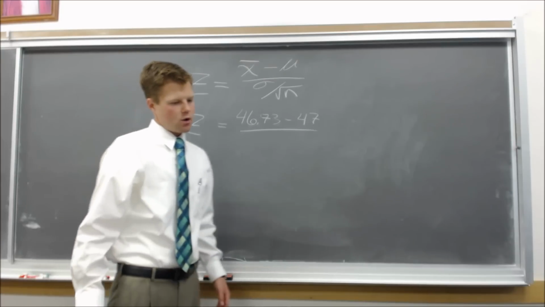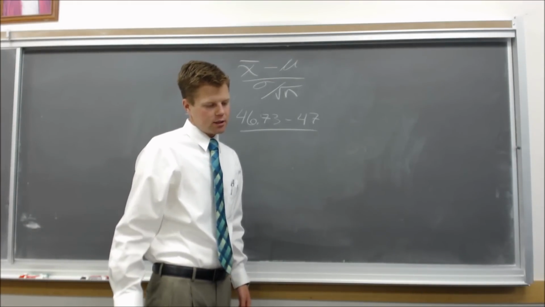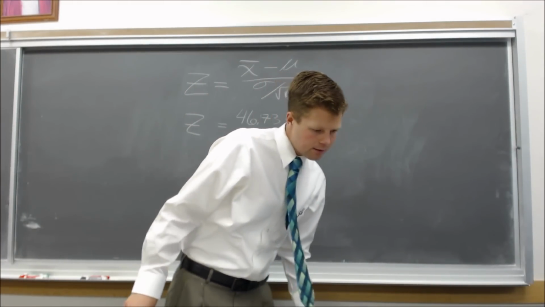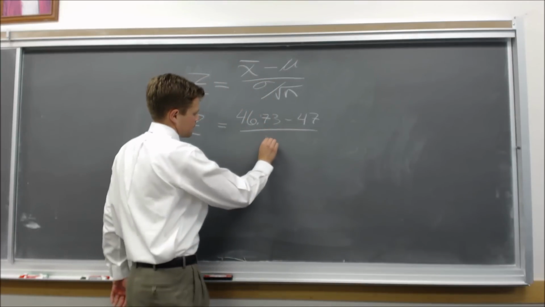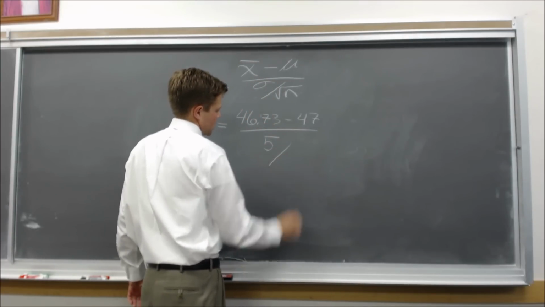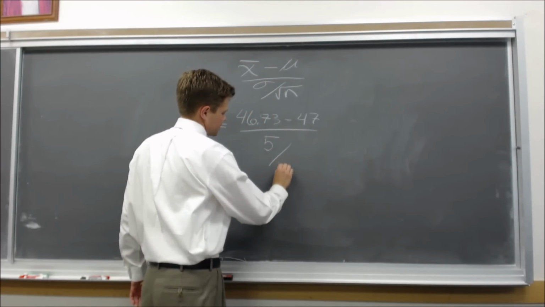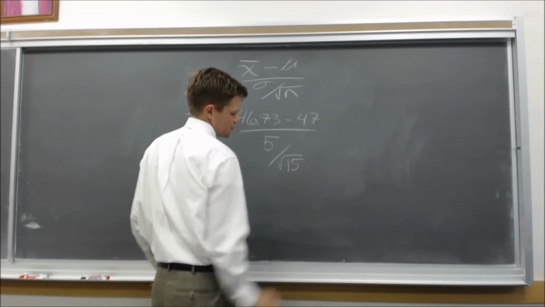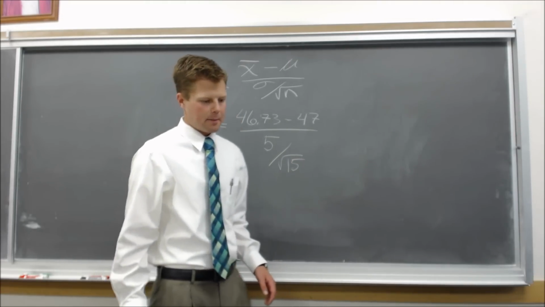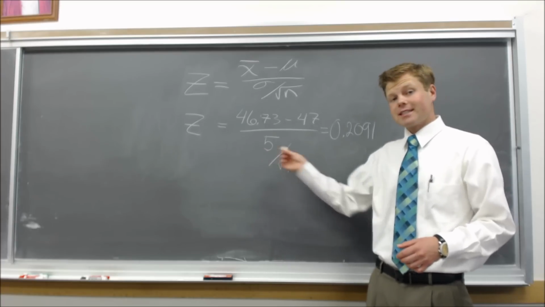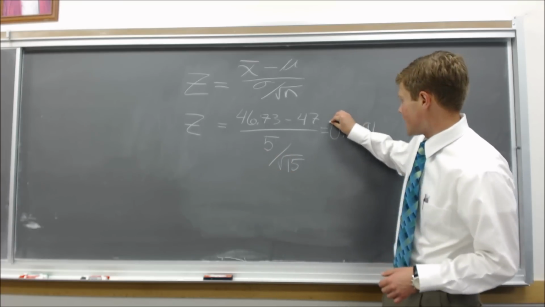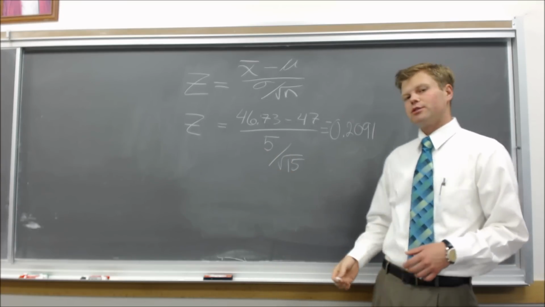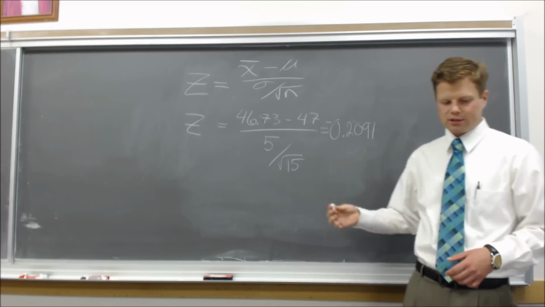We know that our standard deviation is 5. And we divide that by the square root of 15, which was the sample size. And when you type all of this into your calculator, you come out with a negative 0.2091 as your z-score.